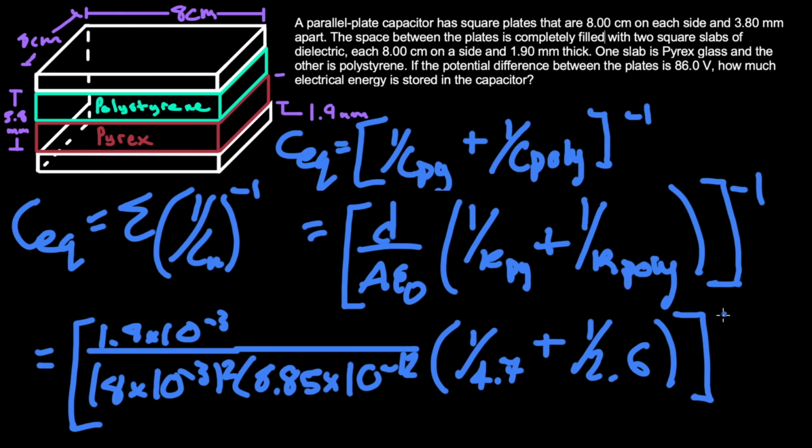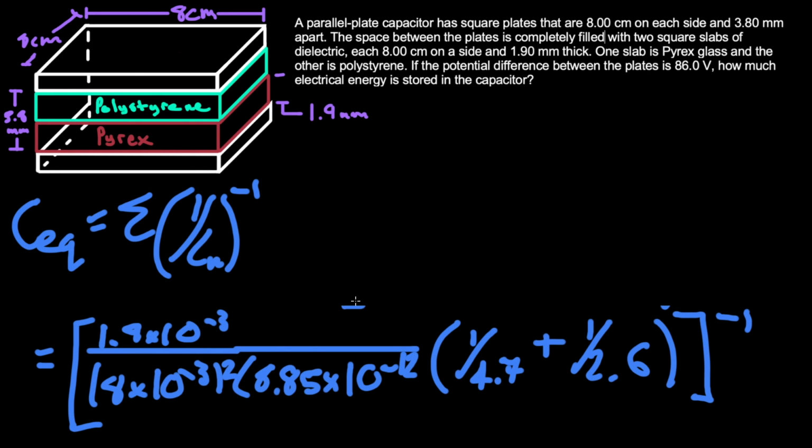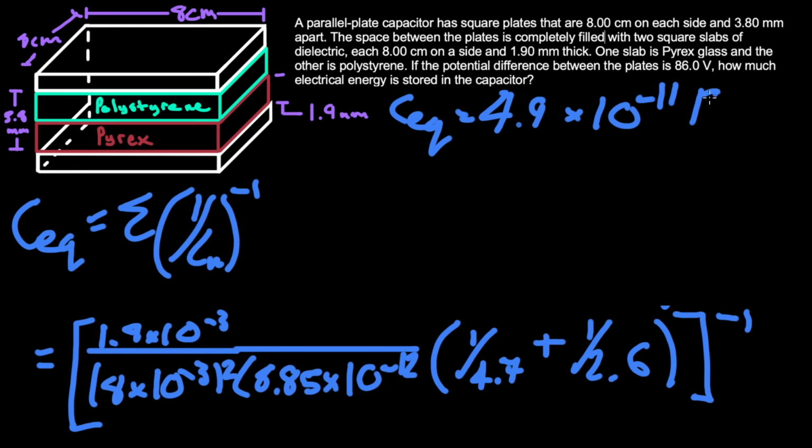And so then taking all that and inversing it, I'm going to clear up the board here. We can write that our C_eq, punching that into our calculator, is 4.9 times 10 to the negative 11 farads.